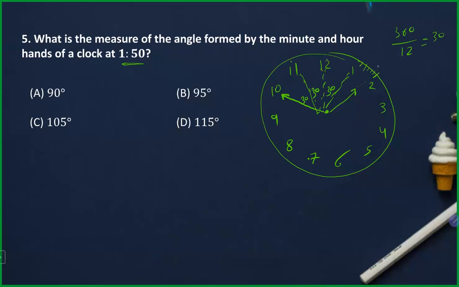I'm pointing to the number 5, which means 5 over 6 times 30, and that equals 25. So the total angle from right to left is 30 plus 30 plus 30 plus 30 plus 25, and that equals 145.